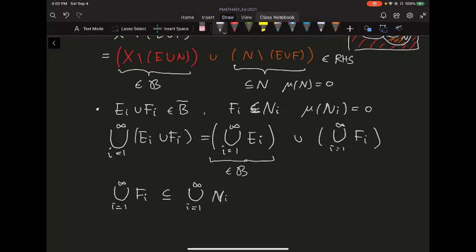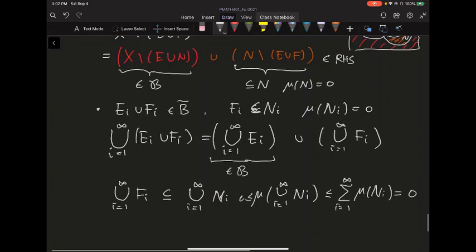Now, the question is whether this infinite union of N_i is a null set as well. So what is the measure of the union of these N_i, i going from 1 to infinity? Even though these N_i may not be disjoint, we know by sigma subadditivity it's bounded above by the sum of their measures. Each of these N_i has measure 0, so we're taking an infinite sum of 0, so that's going to be 0.